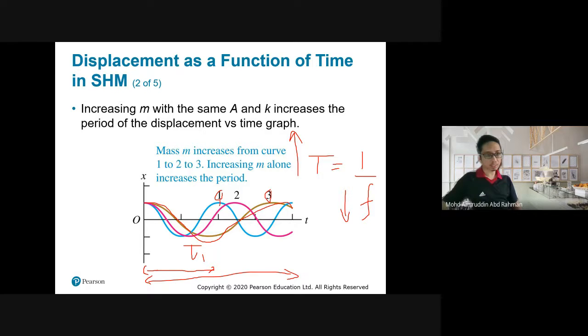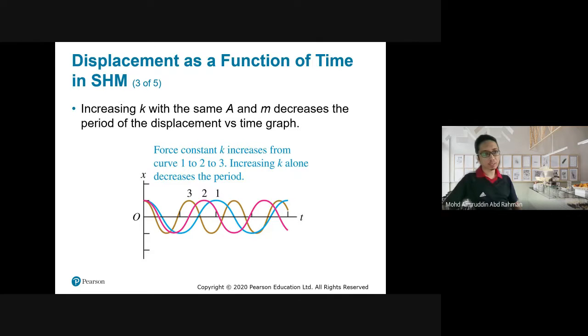That's the T3, from here up to here. So when we increase m, that increases the period.